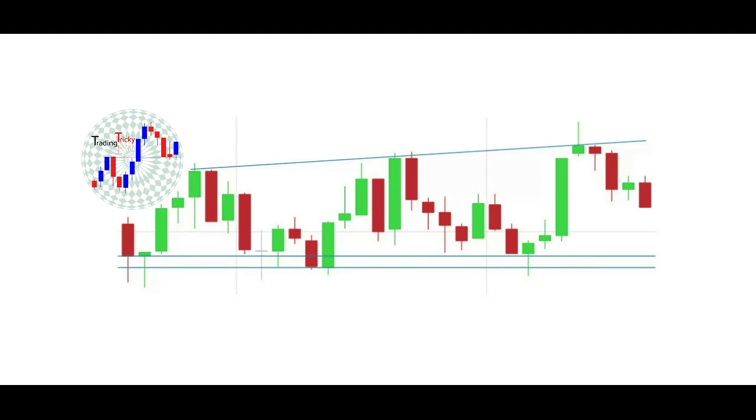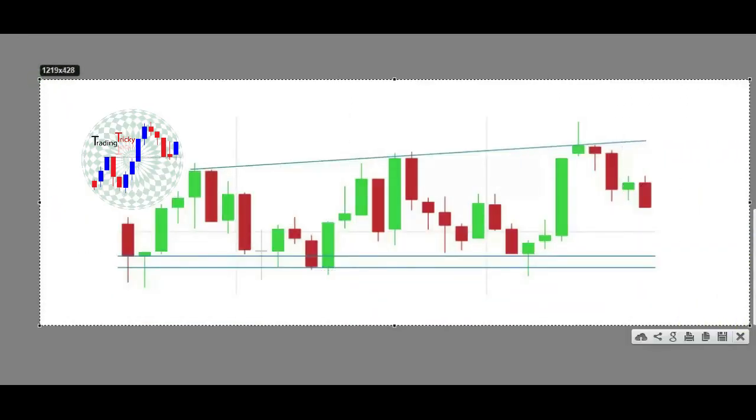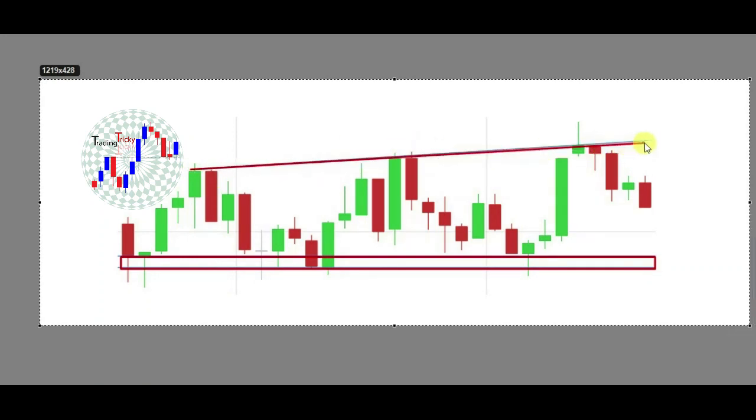And this is the last example. As you can see, the market is respecting this level. This is a horizontal line the market is following, but on the upper side it's following a trend line. It means every time it is making a new high.